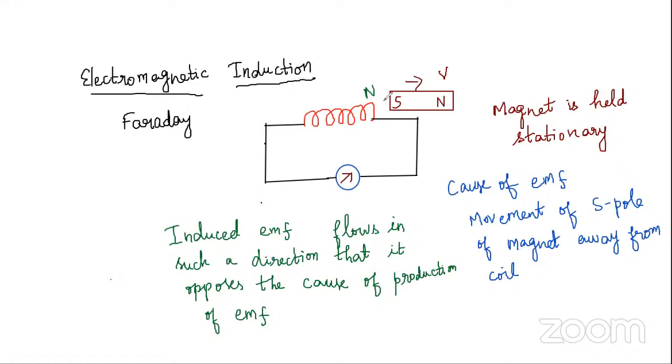Now if you think about the other scenario, when you bring the south pole towards this coil, what happens? We shall consider that also. When you bring the south pole towards the coil, the cause of EMF is the movement of the south pole of the magnet towards the coil.